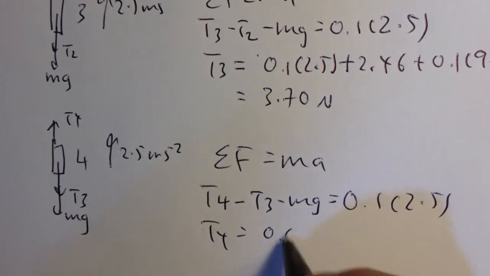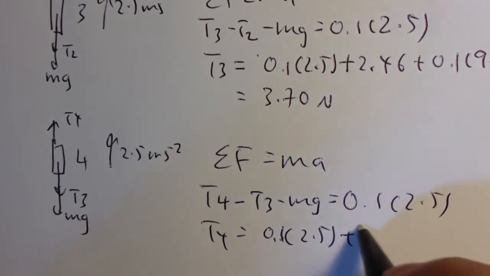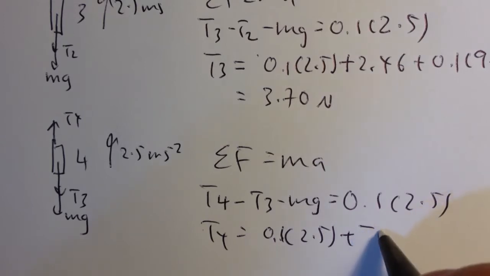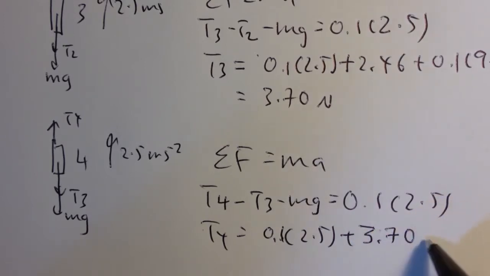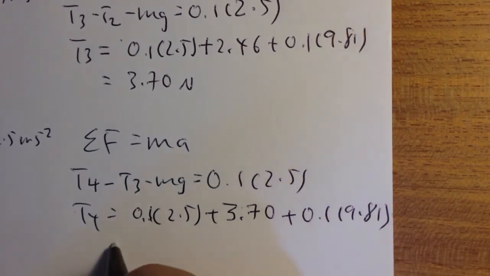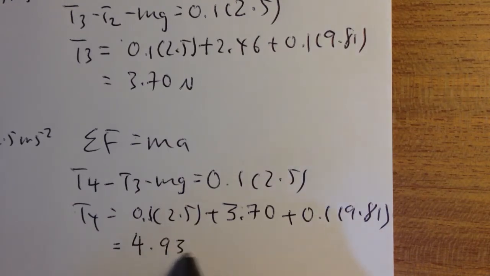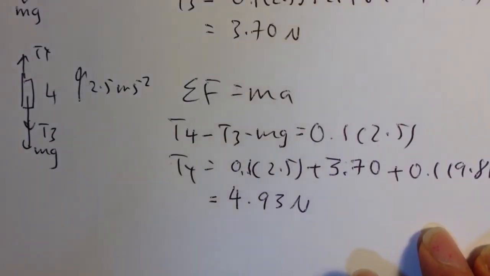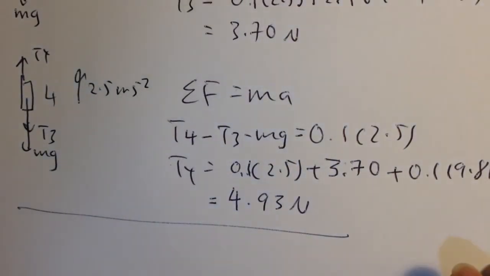T4 is equal to 0.1 times 2.5 plus T3, and T3 is 3.70, plus 0.1 times 9.81. And that should give you 4.93 Newton.